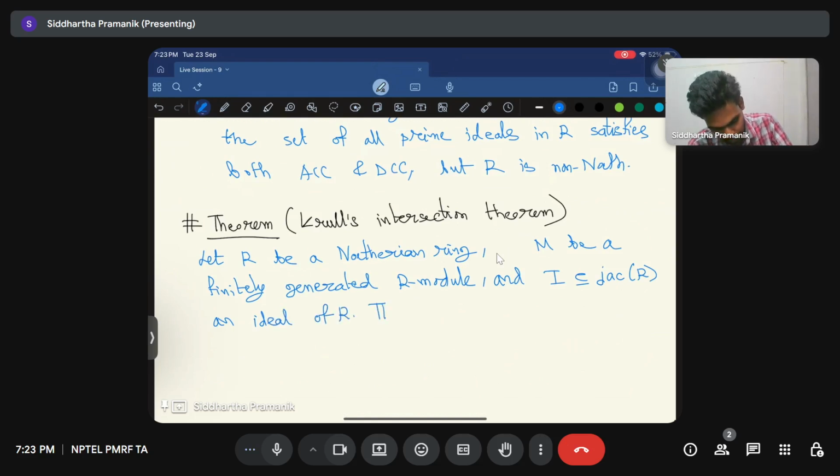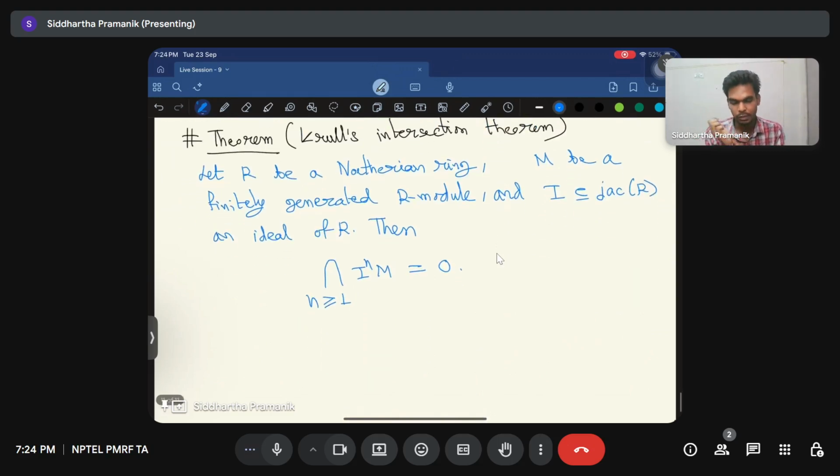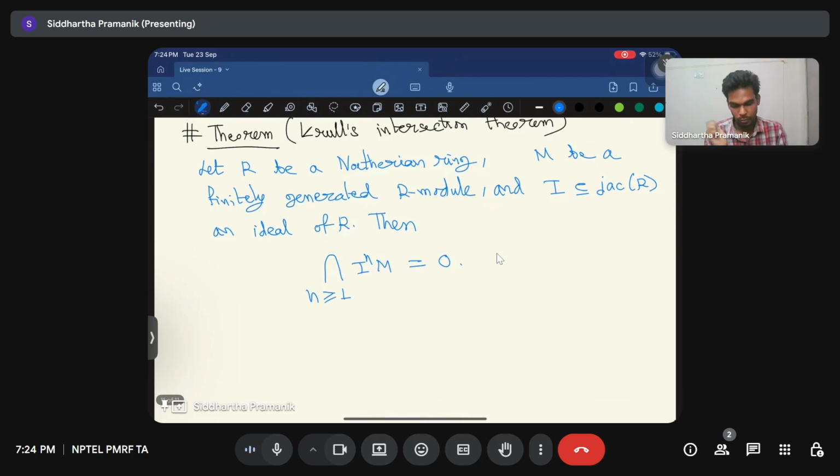Then we can take the submodule I^n M for any positive integer n, and if we take the intersection, then this intersection has to be 0. So this is the statement of Krull's intersection theorem. The proof is very easy.